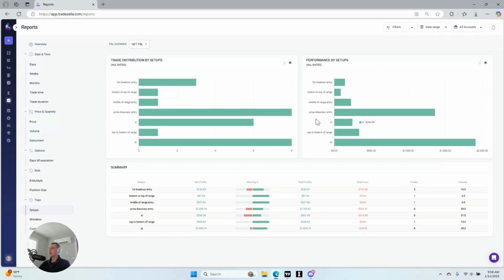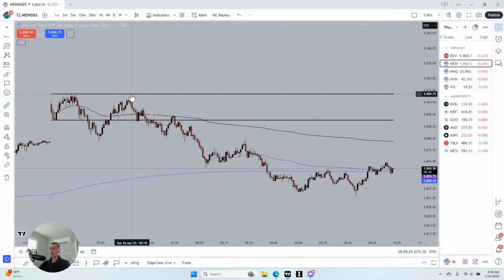Let's go back in. So bottom to top of range and top to bottom of range. These tags are, where are we within the 15-minute opening range? Am I trading from bottom to top, or am I trading from top to bottom? We get a lot of trades like this trade. You could see I was in this long trying to get the double break of the opening range.